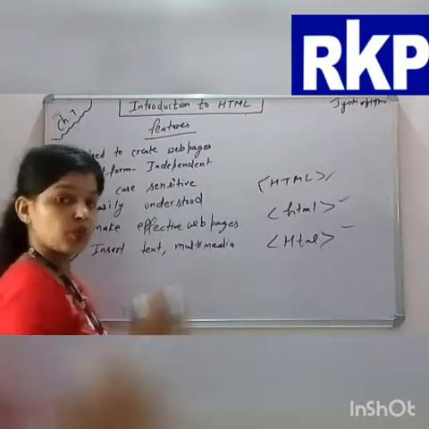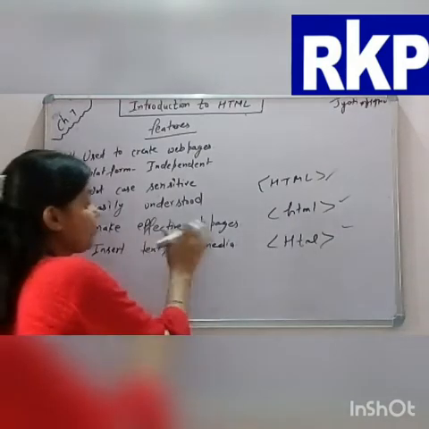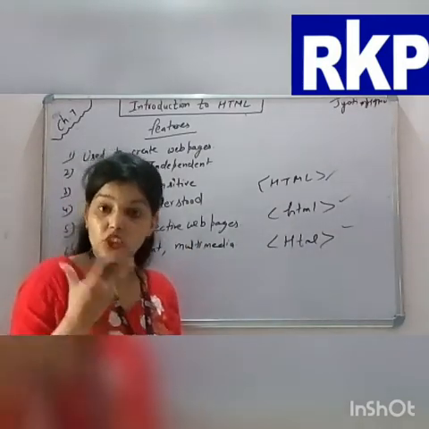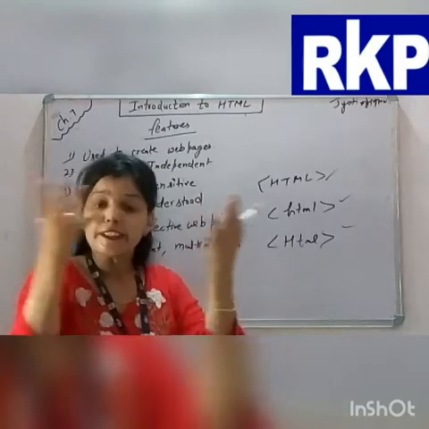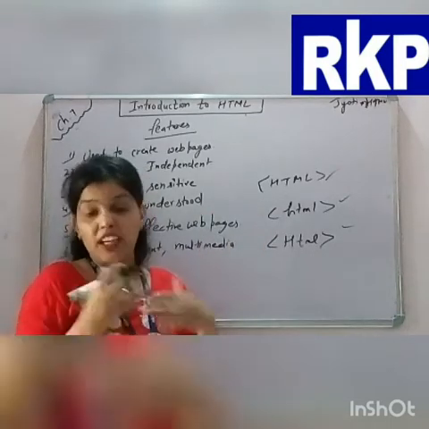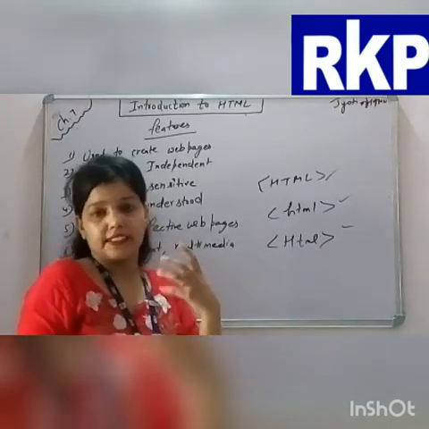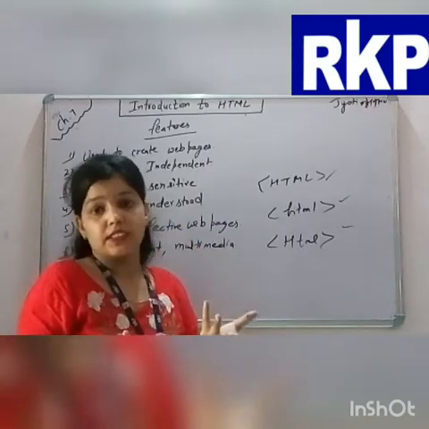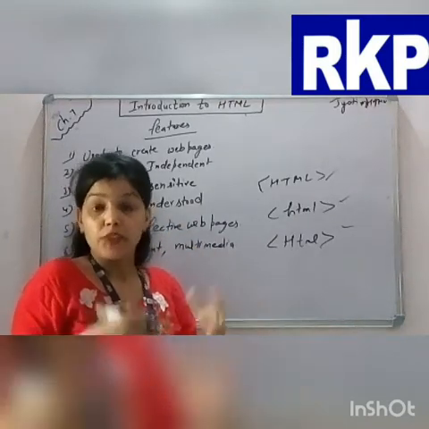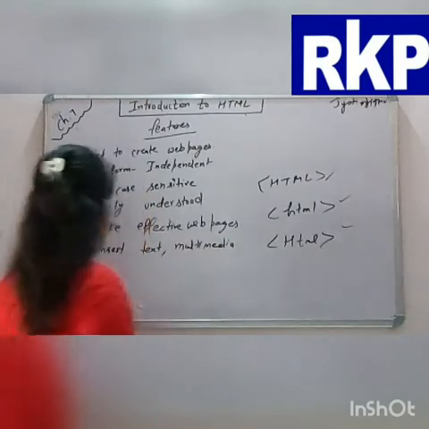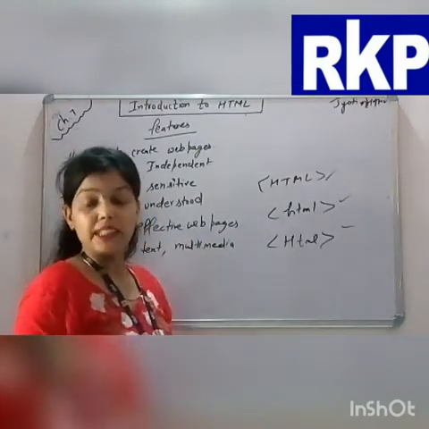Next, easily understood, as I have discussed, make effective web pages. By using HTML, we can create effective or beautiful web pages. We can give colorful text. We can put effective pictures. We can put links. Insert text or multimedia.